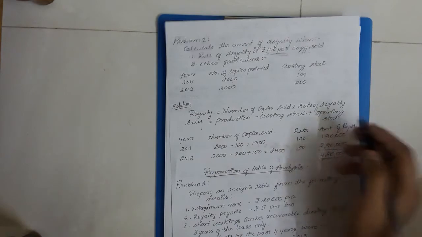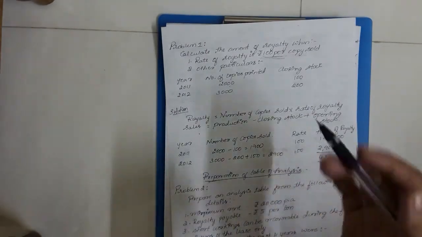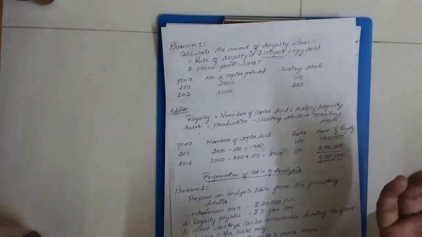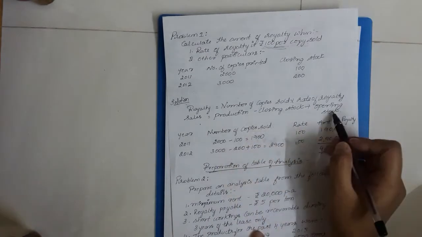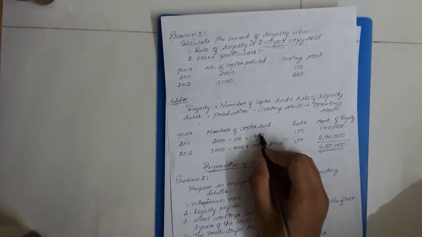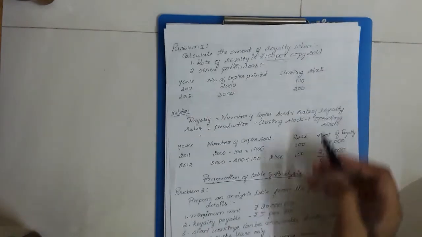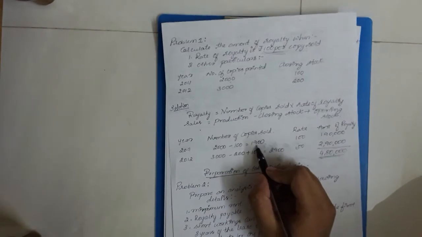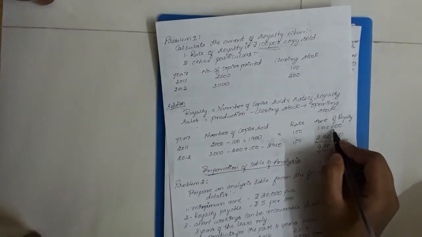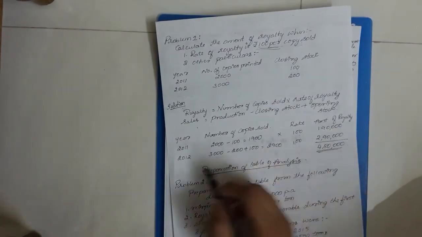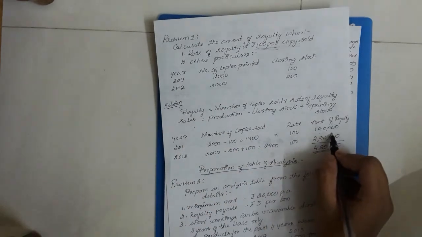Plus opening stock: there is no opening stock, since the previous year's closing stock becomes the present year's opening stock, and no information is given regarding the previous year. So 1900 copies have been sold, and the rate per book is 100. So 1900 multiplied by 100 is 1,90,000. So the royalty for 2011 is 1,90,000.